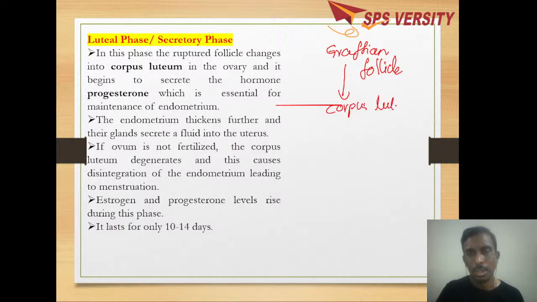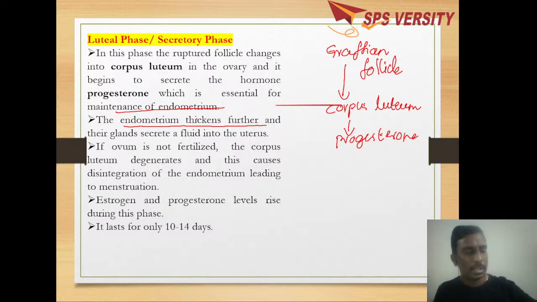The corpus luteum will secrete a hormone called progesterone, which plays an important role in pregnancy, that is, for maintenance of the endometrium. In the luteal phase, the endometrial thickness will increase further, where the glands secrete fluid into the uterus. So in the luteal phase, the endometrium thickness will increase, as well as the corpus luteum will secrete progesterone.